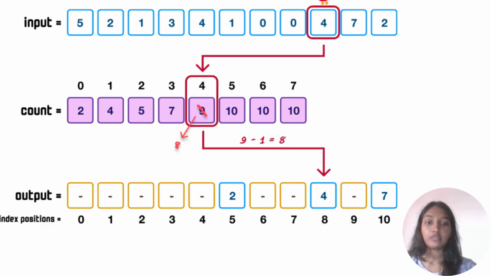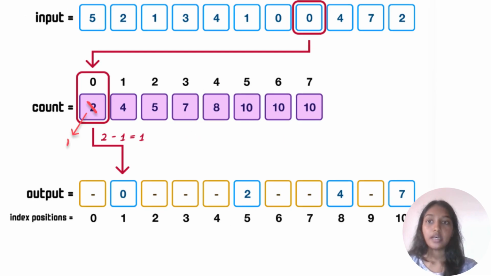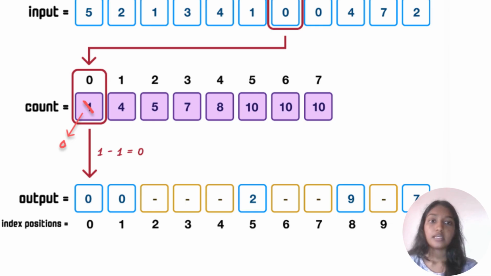Next up we have value 0, and the step we saw earlier repeats. So moving along, we have another 0 value in the second position here, and when we repeat the step, the state of our 3 arrays will be as follows.